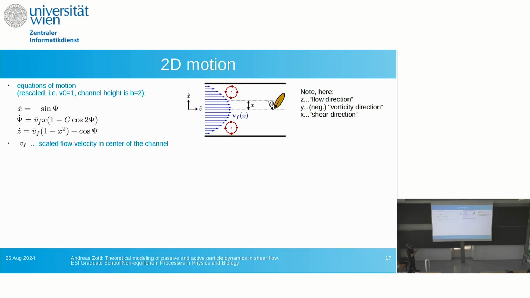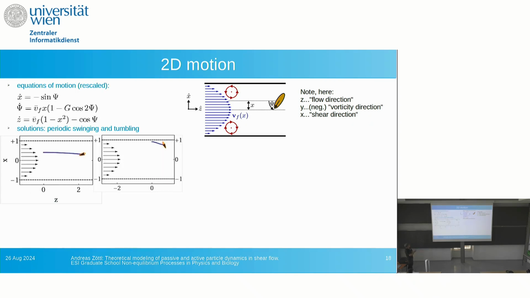In 2D, for simplicity, when you take a quadratic flow and put an active particle here, it can cross the streamlines. It will still rotate in this direction here and in this direction here, but there is now a coupling.